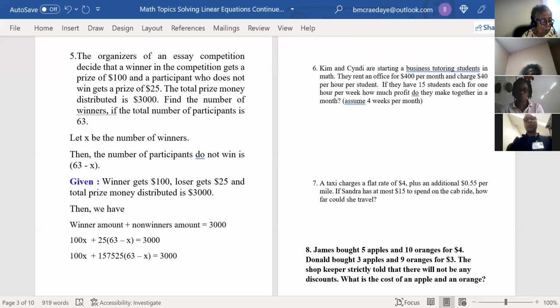Then we have 25 times a minus X would just be what? What would it be, Maureen? We're multiplying what's in the parentheses. 25 times the 63 was 1575.